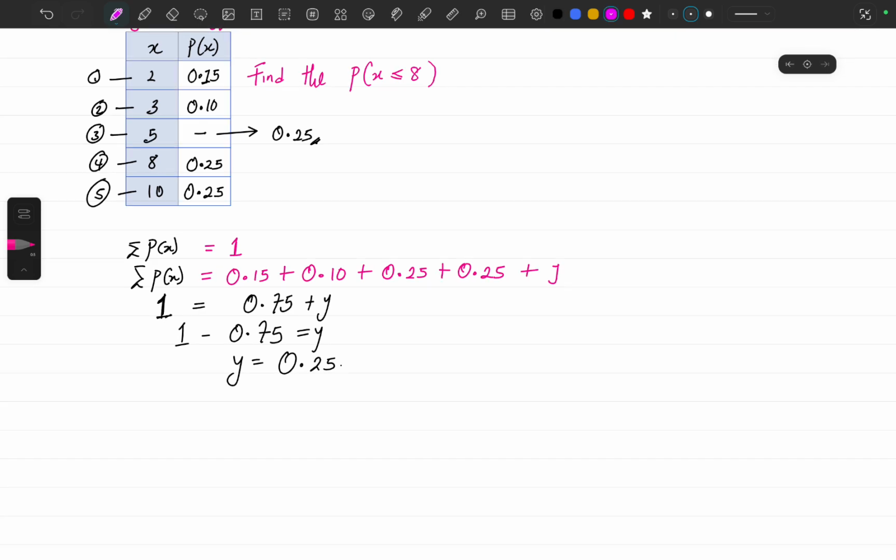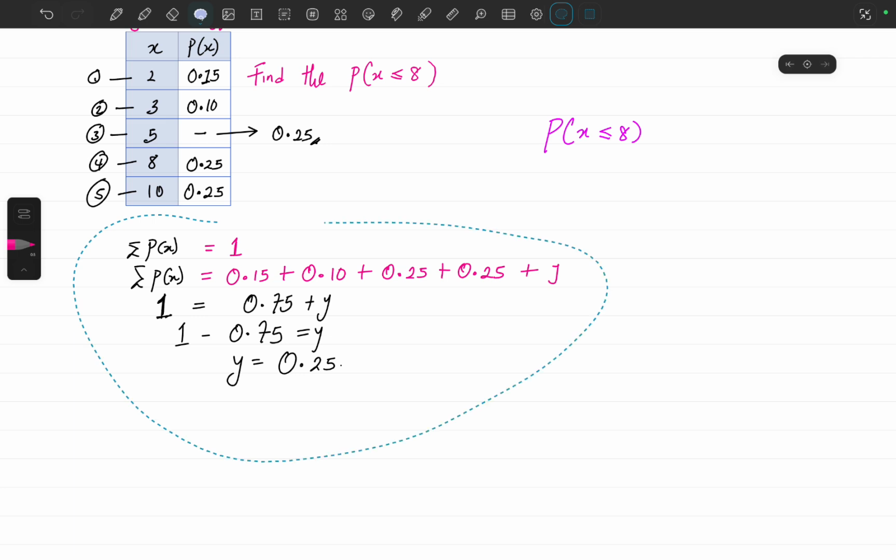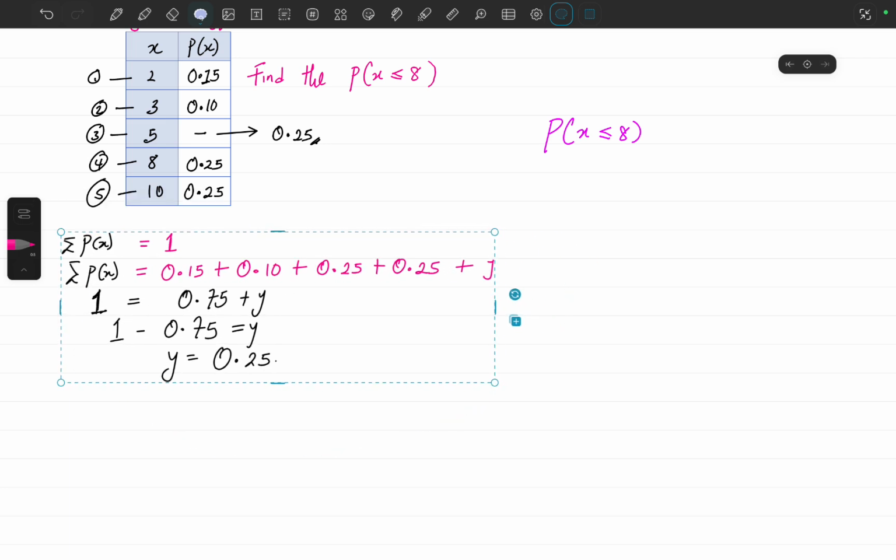So in that way, we can now go ahead and solve the second question, which is right there. And what the question is asking us to find is the probability of x less than or equal to 8. So you want to be careful with this one. To solve this very well, I'm going to move this out of the way a little bit.